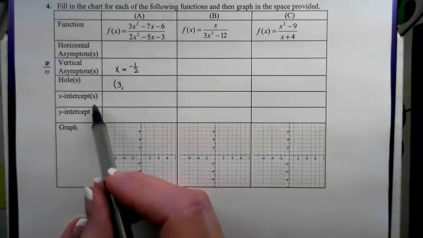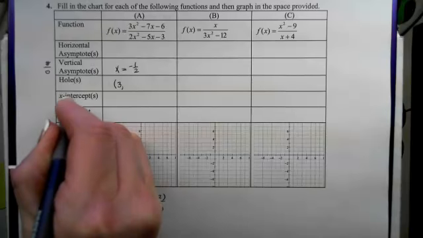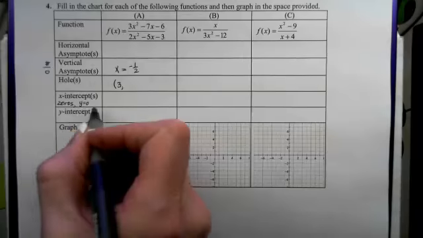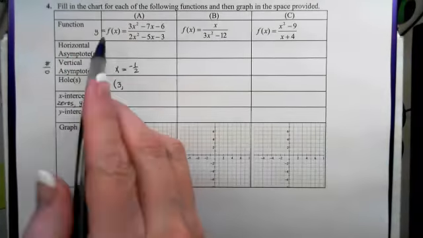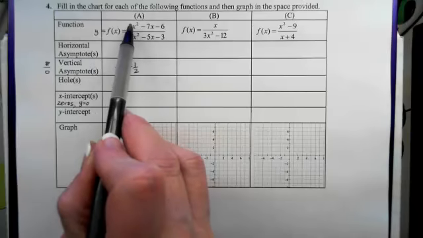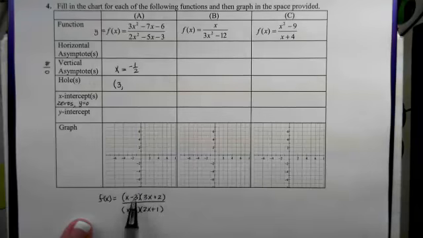Now remember, x-intercepts are the zeros. Those are the places where you cross the x-axis, and it's when y equals 0. So if we come up here, the y coordinates are the same as f of x. So we have written f of x as a fraction. Well, fractions only equal 0 when the top equals 0. So if I come down here, we can see that the top equals 0 at 3 and at negative 2/3.